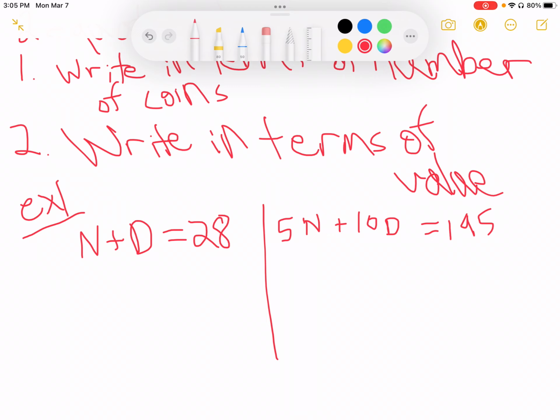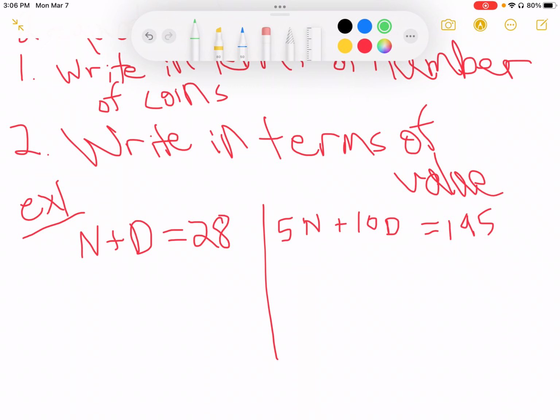Probably the easiest is to substitute. Over here, I have n plus d equals 28. So I know how many coins I have total, and I know they're just nickels and dimes, and I know they add up to $1.95 or 195.